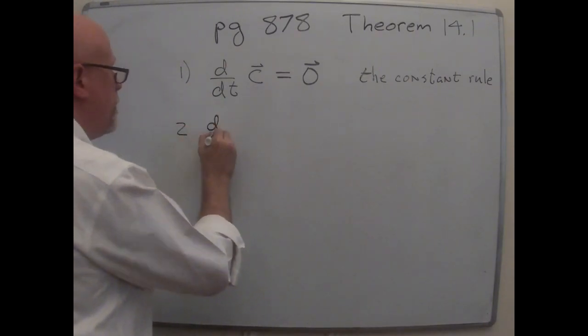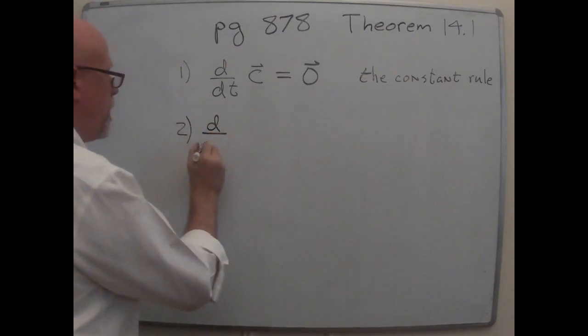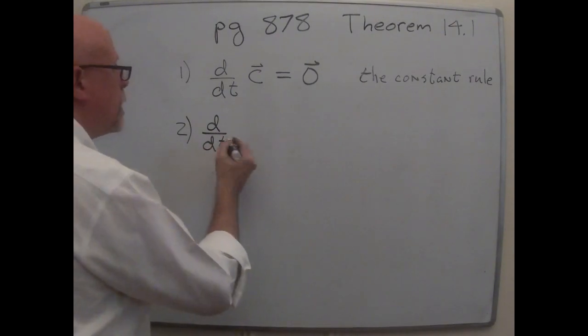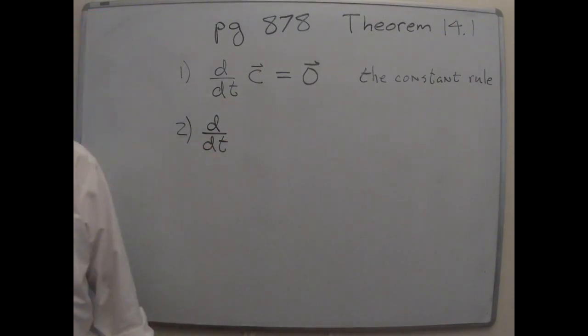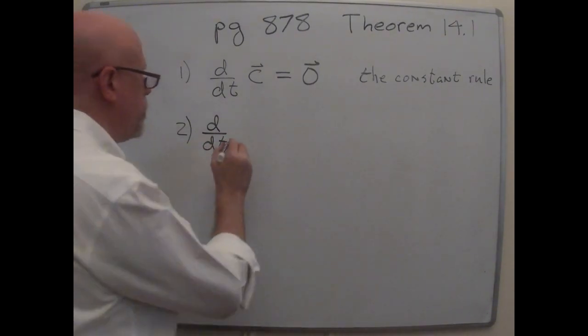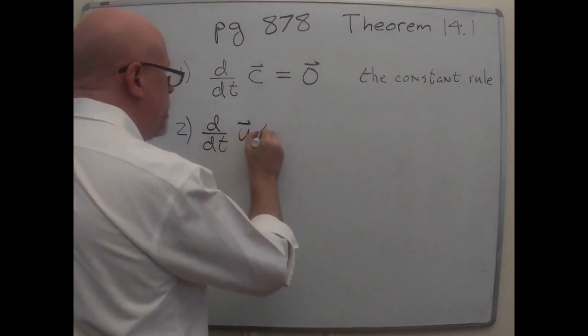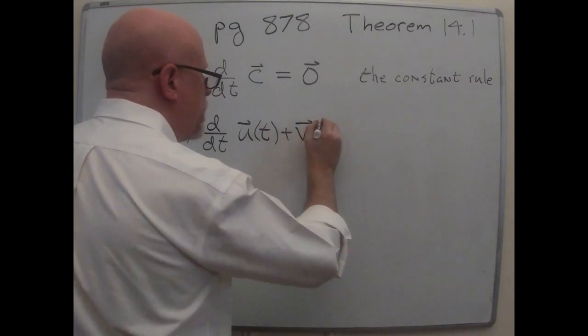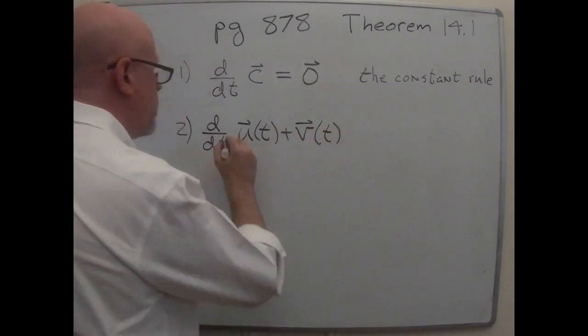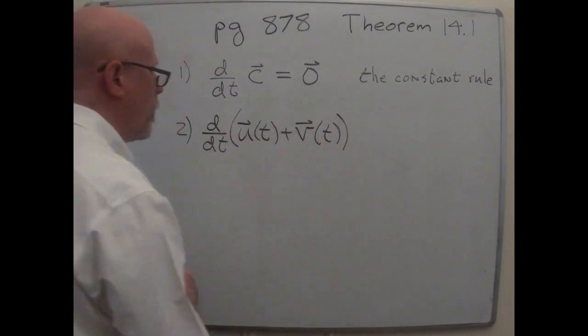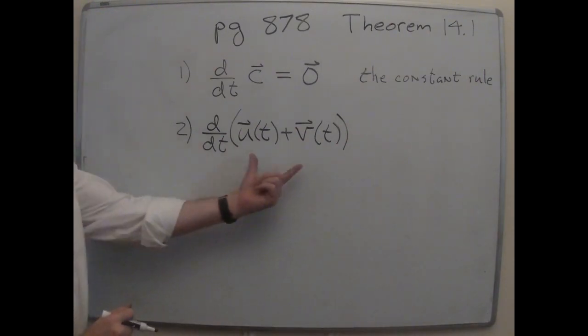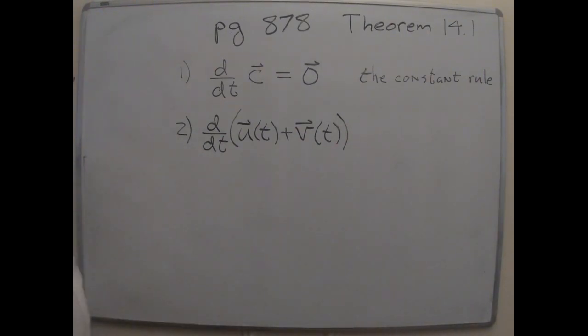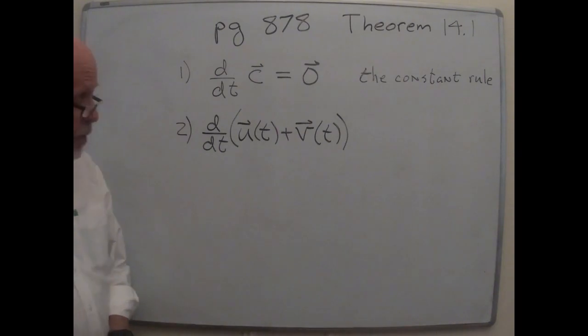The derivative, this is number 2, of a sum. What are we using in the book? U and V. Vector U of t plus vector V of t. I better parenthesize this so we see the order properly. So we're differentiating the sum of these two vectors. Well, how did that work when you had functions?